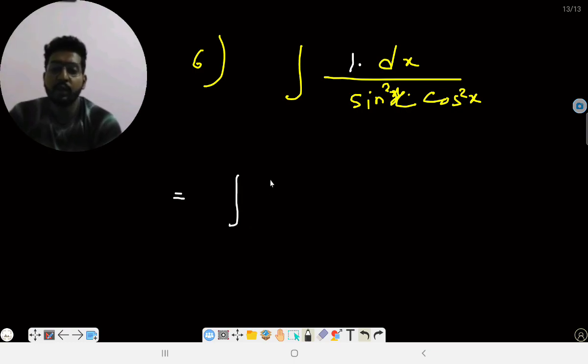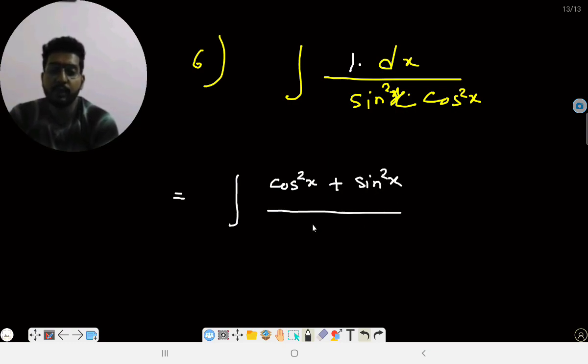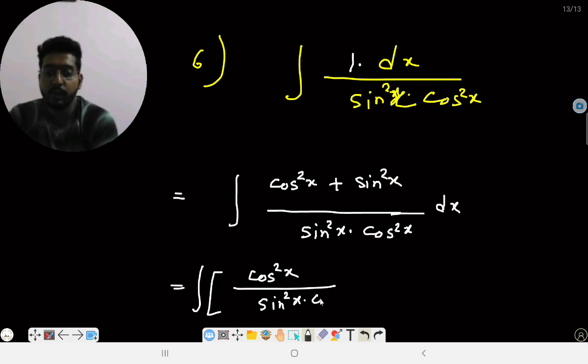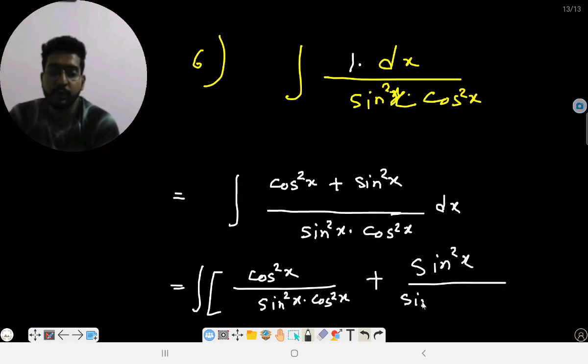Now this 1 can be written as cos square x plus sine square x, divided by sine square x into cos square x dx. Now separate this one, so that will become cos square x by sine square x into cos square x plus sine square x by sine square x into cos square x, dx.